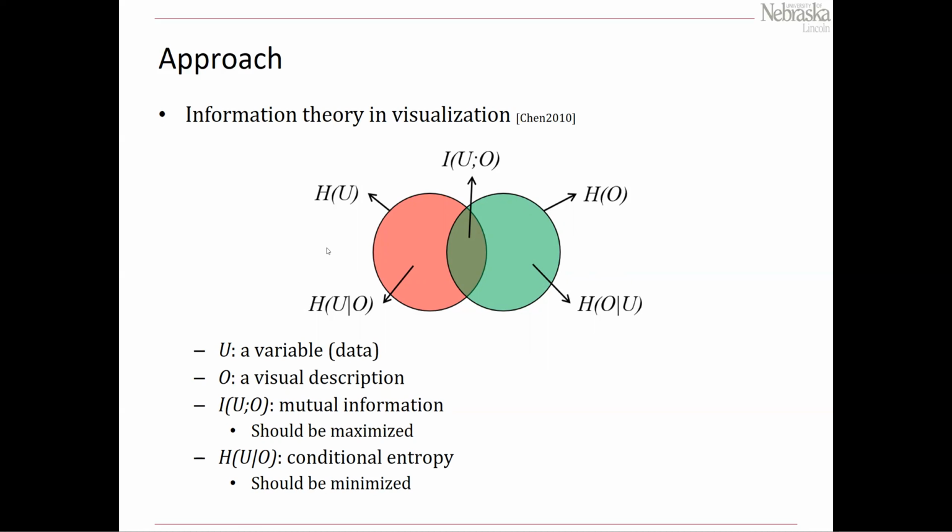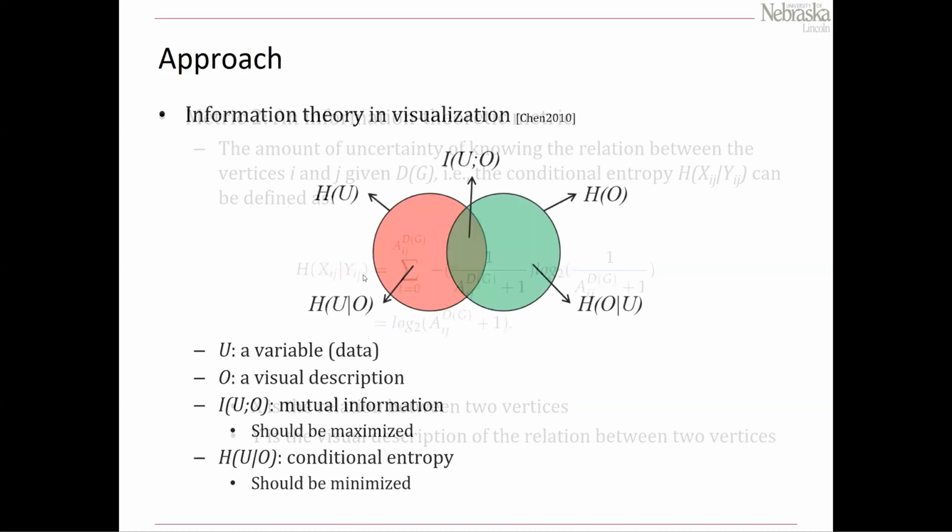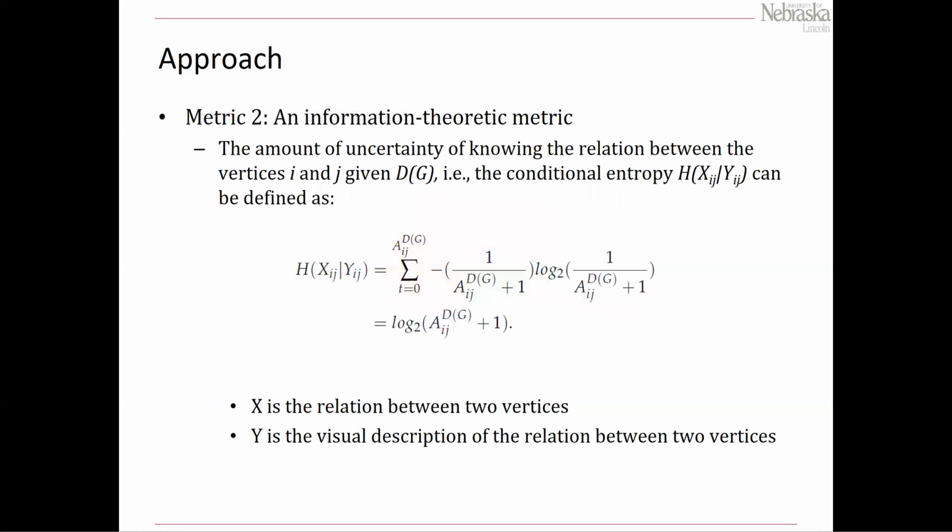So next, let's see how we can apply this concept to the evaluation of node-link diagrams, or to evaluate edge bundling. So we propose the second metric based on the information theoretical framework.